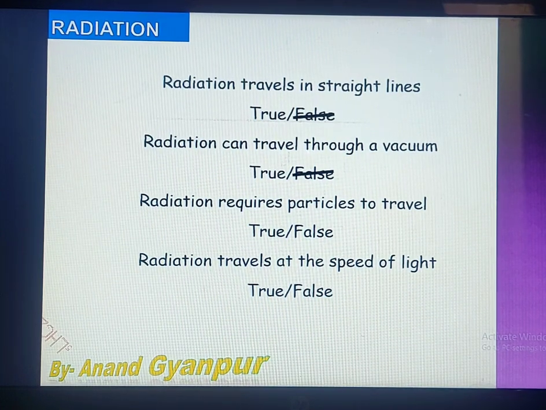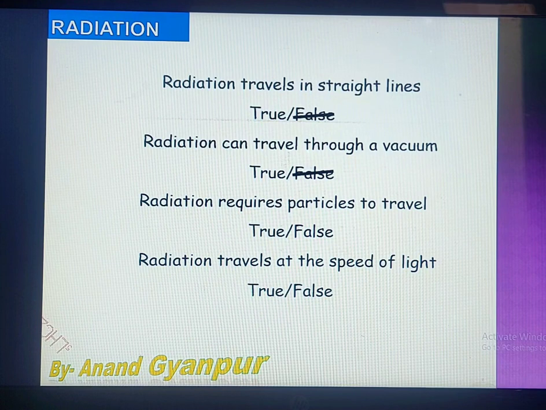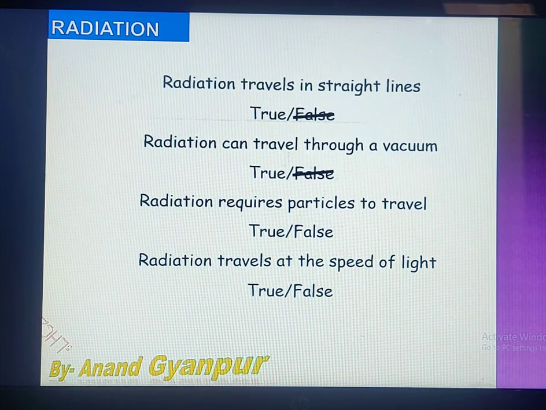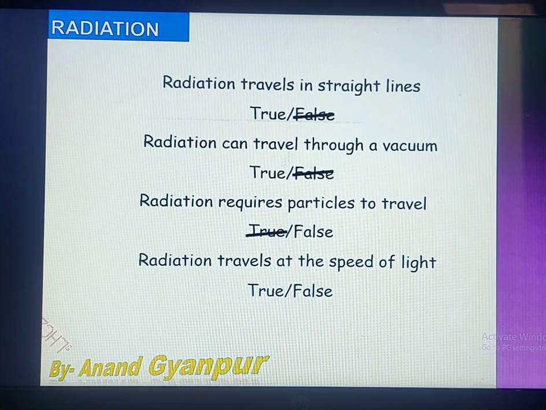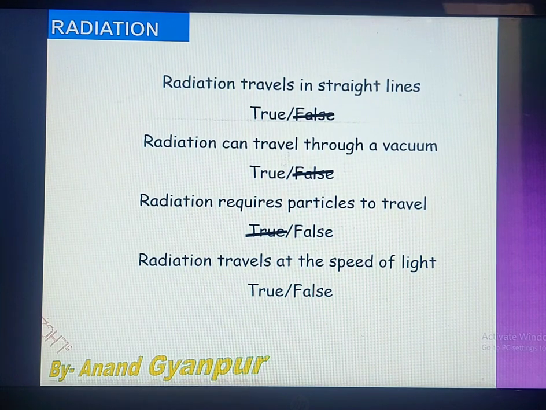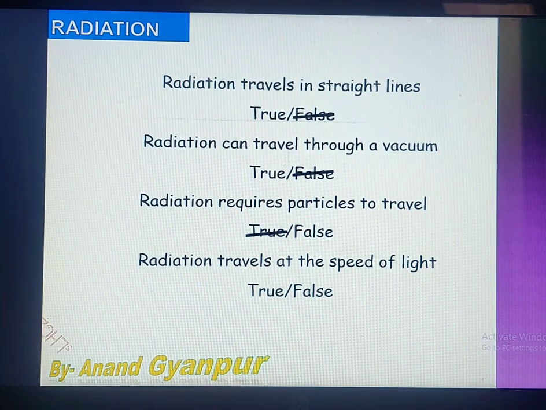Third point: does radiation require particles to travel? No, there is no requirement of particles for radiation to travel. Fourth, radiation travels at the speed of light. Yes, radiation travels at the speed of light.